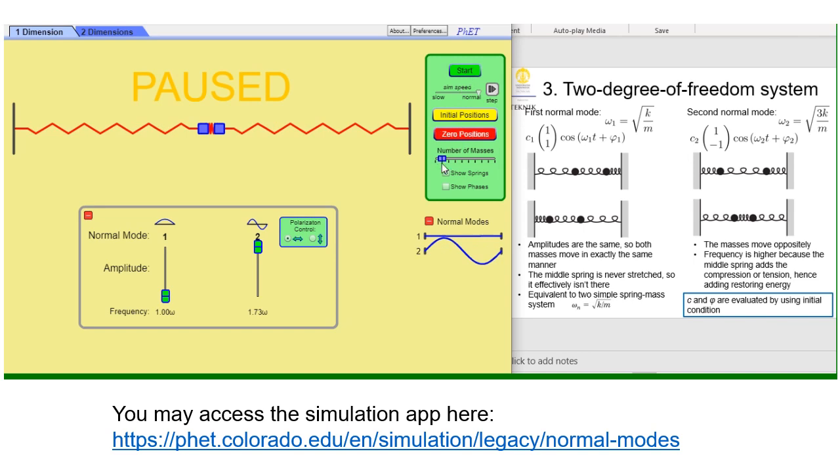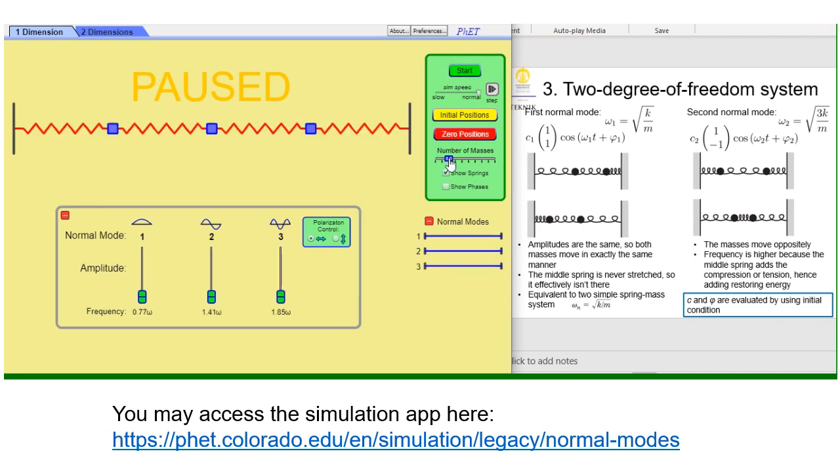So moving on, you can try to increase the number of masses to 3, and then correspondingly you can see at which frequency which normal mode will occur in this particular system. Normal mode 1 is at 0.77 omega, and subsequently 1.41 omega will excite normal mode 2, etc. By the same method, say you want to see the movement of normal mode 2.